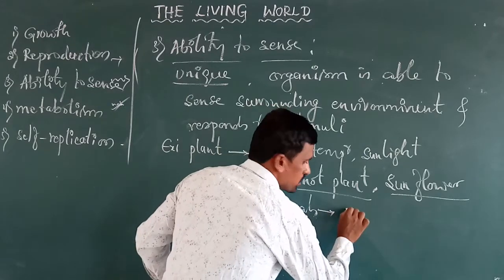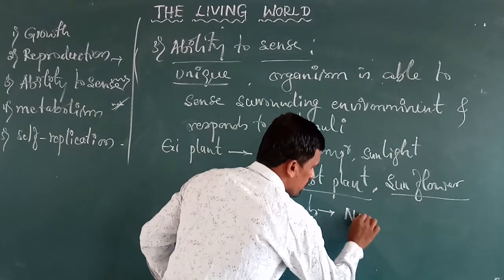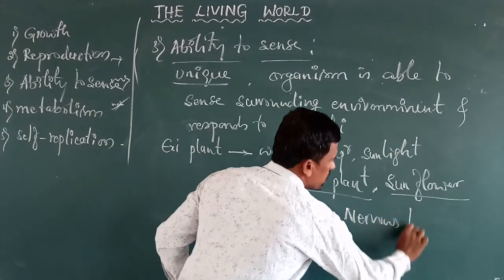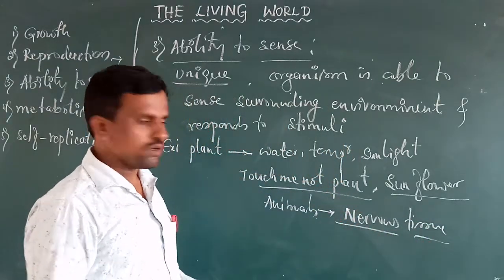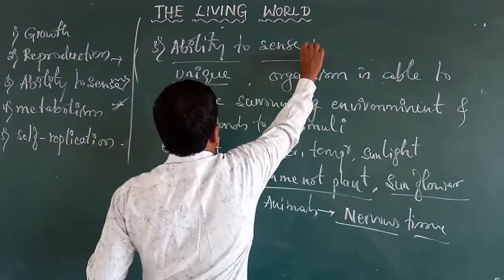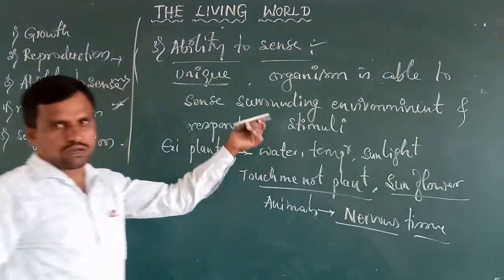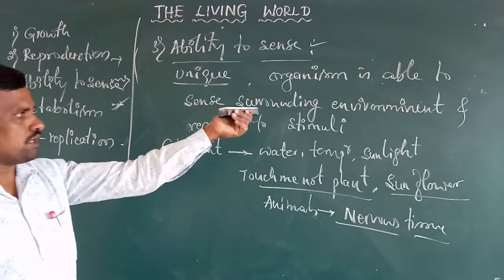In animals, nervous tissue is present. The nervous tissue helps them sense their surroundings and respond to stimuli.